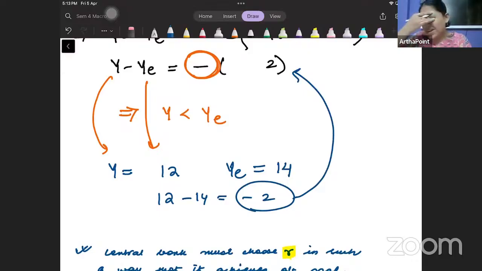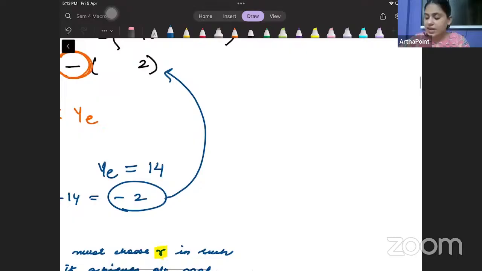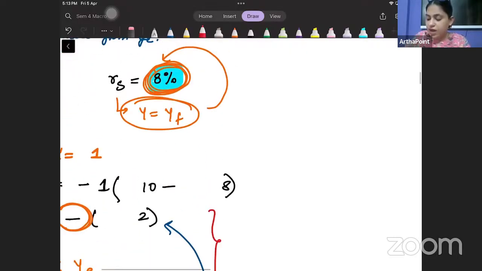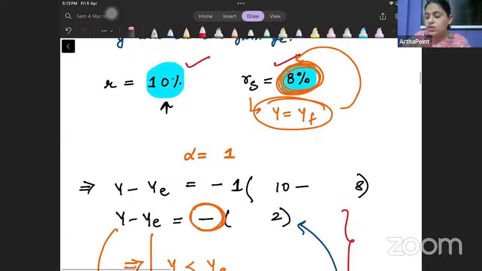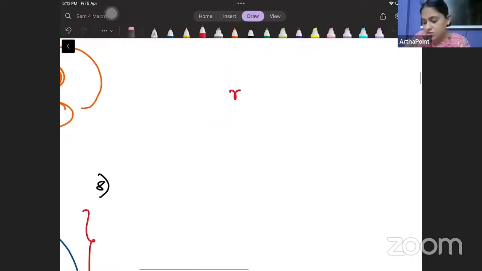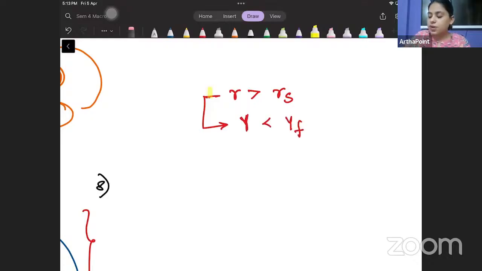So try to interpret what we have learned. क्या देखा हमने? We are seeing that when I have R more than RS, जब मेरा interest rate stabilizing interest rate के ऊपर था, then we go ahead and we notice that your actual output is less than full equilibrium level of output.